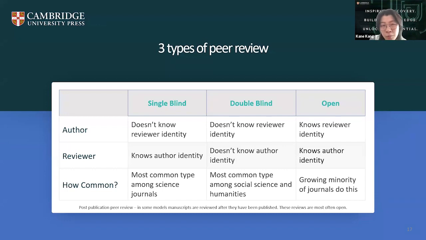This is very important. We've talked about predatory journals, right? Some predatory journals would write a really unclear peer review policy. So if you're not sure about their policy, check with the journal editor.